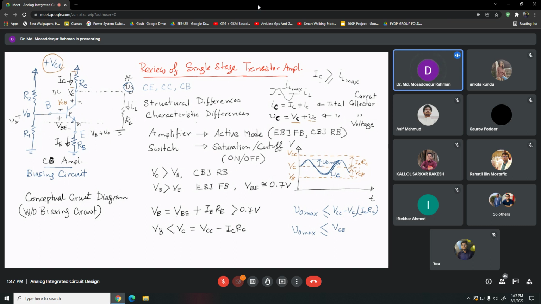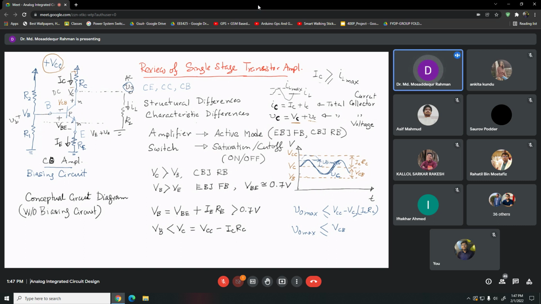Otherwise, if VC is too close to VCC, your output signal will get cut off. Because the maximum voltage is VCC, it can't go beyond that. You can get the negative half properly, but you will not be able to get the positive half. It will get cut off.